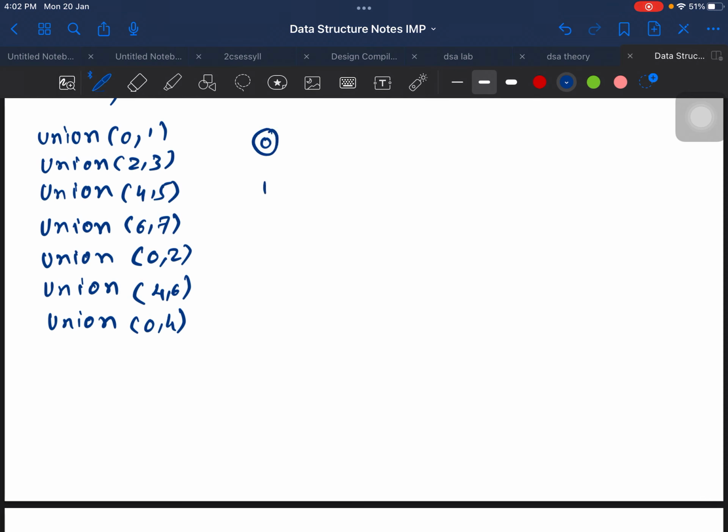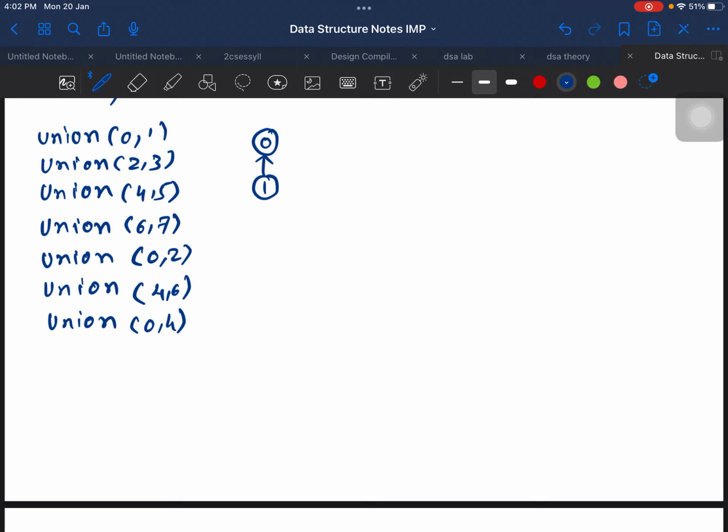Here you have to draw two nodes, 0 and 1, and one of the nodes becomes the parent node. It's up to you which node you want to make the parent. So I am assuming 0 is the parent of 1. You can make 1 the parent also, no issue.